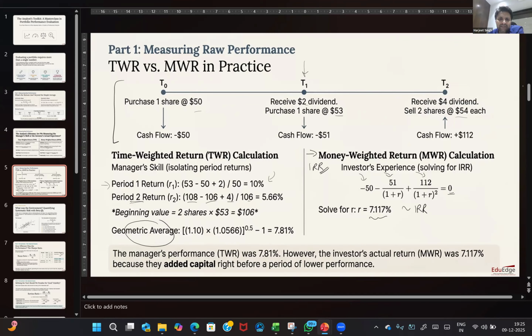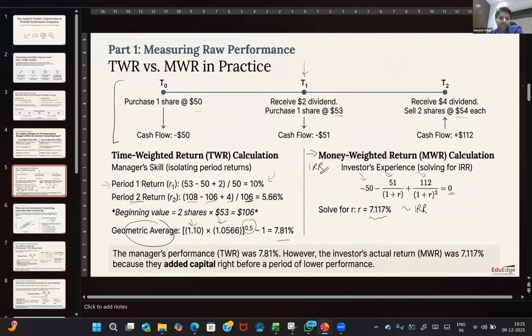The base is the same, which is your cost at the start of period 2. Your cost is 106, right? Yes. So 5.66, and then you put that into factors, raise by half, because these are 2 periods, minus 1, and you will get the geometric average.